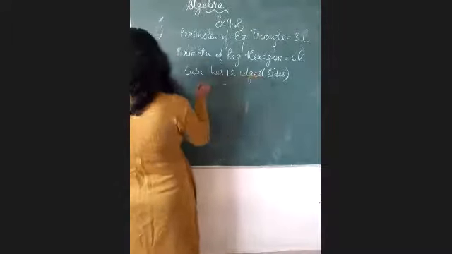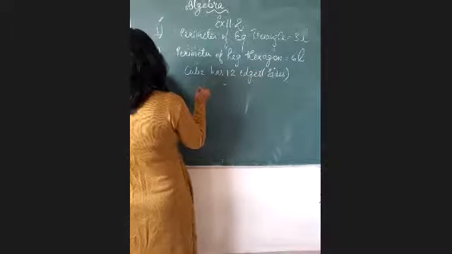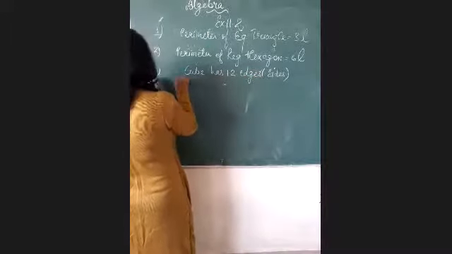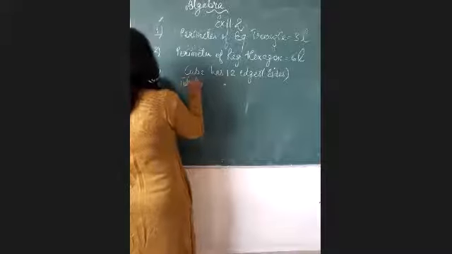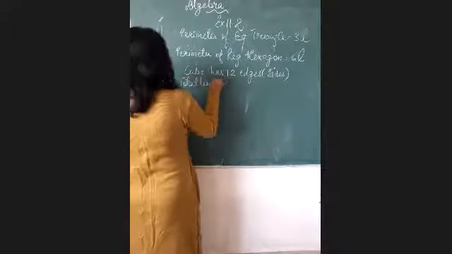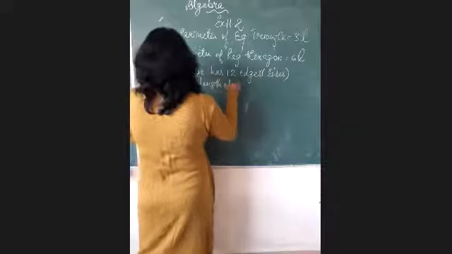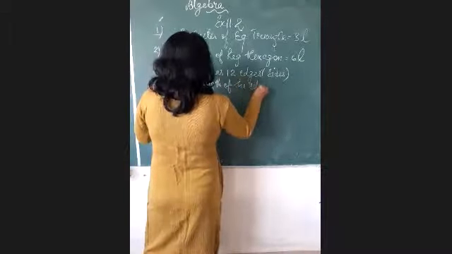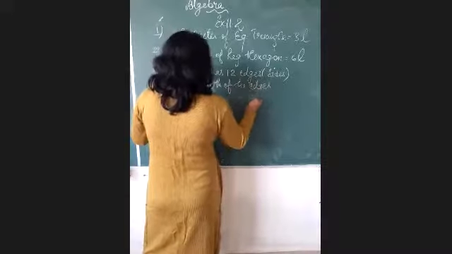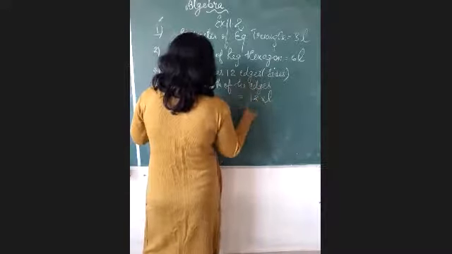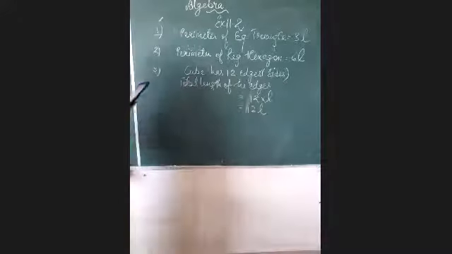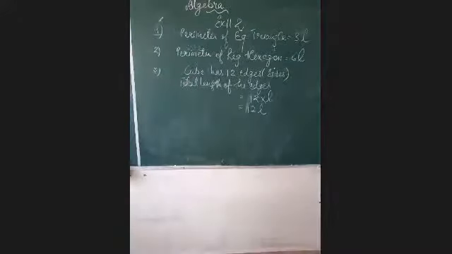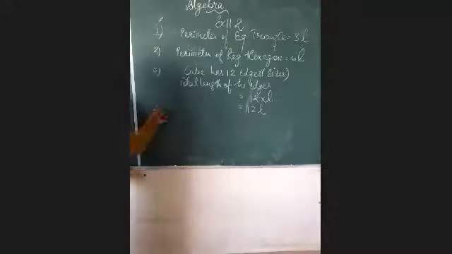The question is asking for the formula for the total length of the edges. It would be 12 into L, or you can call it 12L. Okay, this is question number 3. Now, if you look at question number 4 properly, you will find it out.